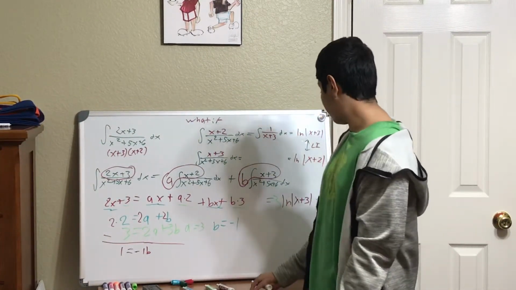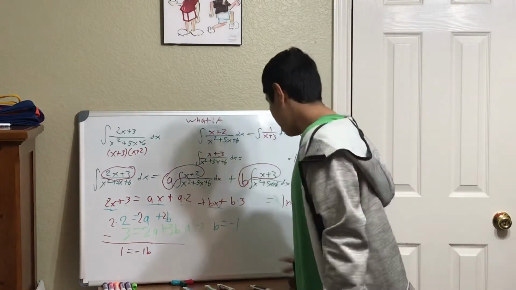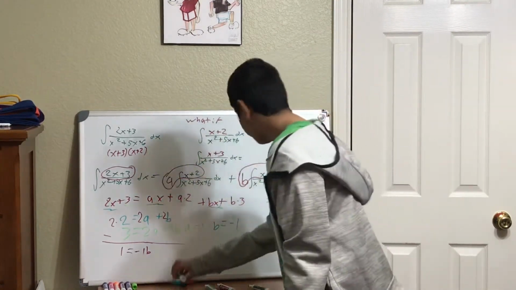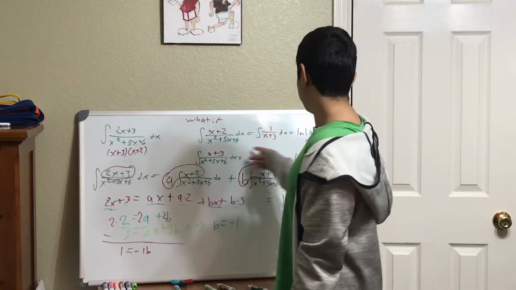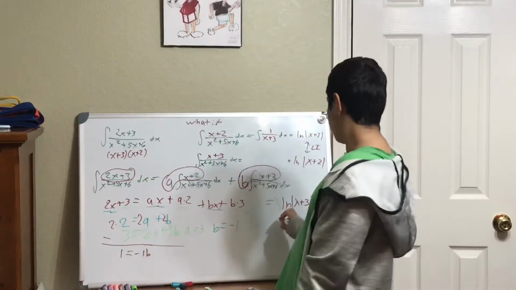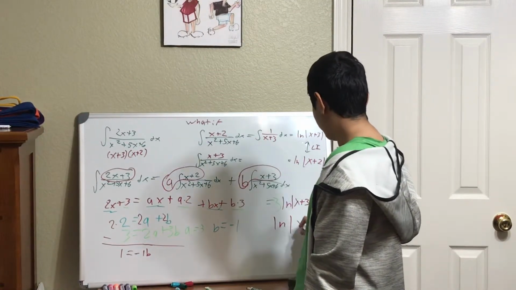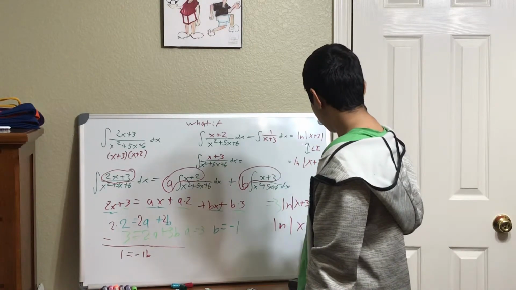We know our b is negative 1, so this plus should really be a minus. And this guy is ln of absolute value of x plus 2.